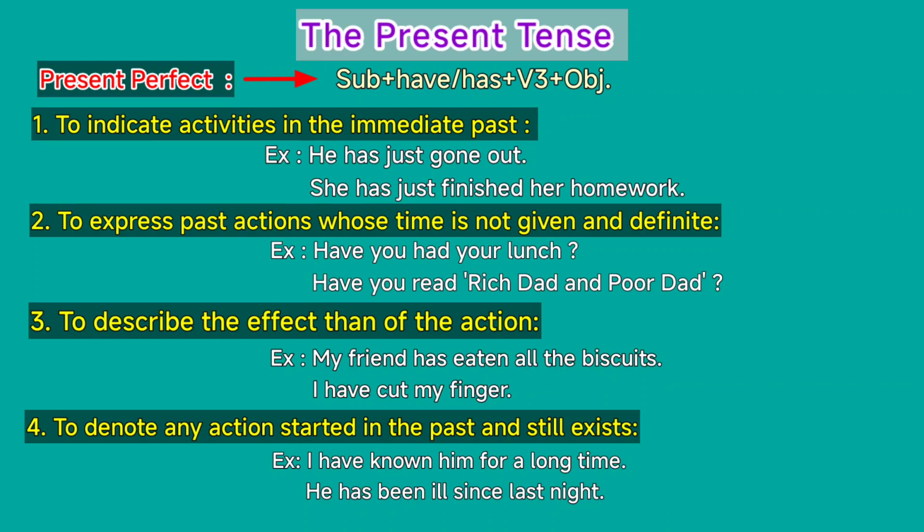It already happened, but still the impact is there. We can use the present perfect tense. He has been ill since last night. Last night he became ill, sick, but still he is sick. So we can use the present perfect tense.